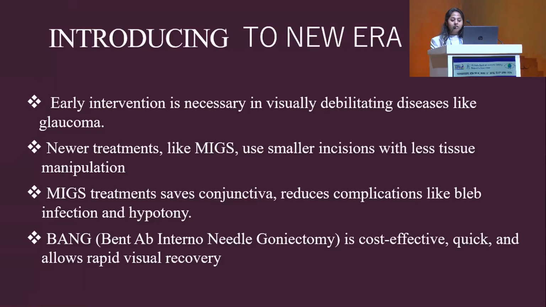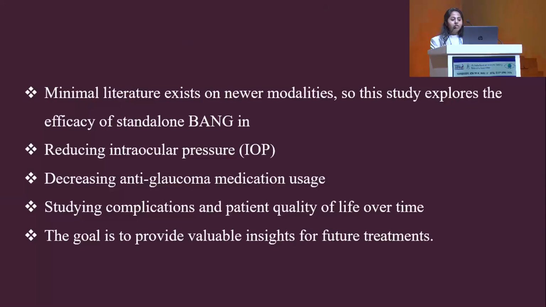Bent needle goniotomy is cost-effective, quick, and allows rapid recovery. Minimal literature exists on newer modalities, so this study explores the efficacy of standalone goniotomy in reducing intraocular pressure, decreasing anti-glaucoma medication usage, and studying the complications and patient quality of life over time. The goal is to provide valuable insights for further treatments.